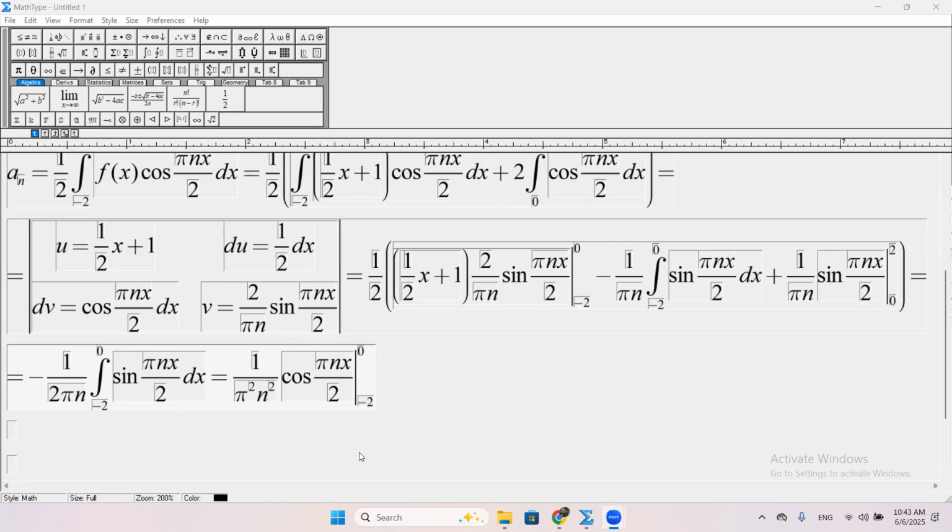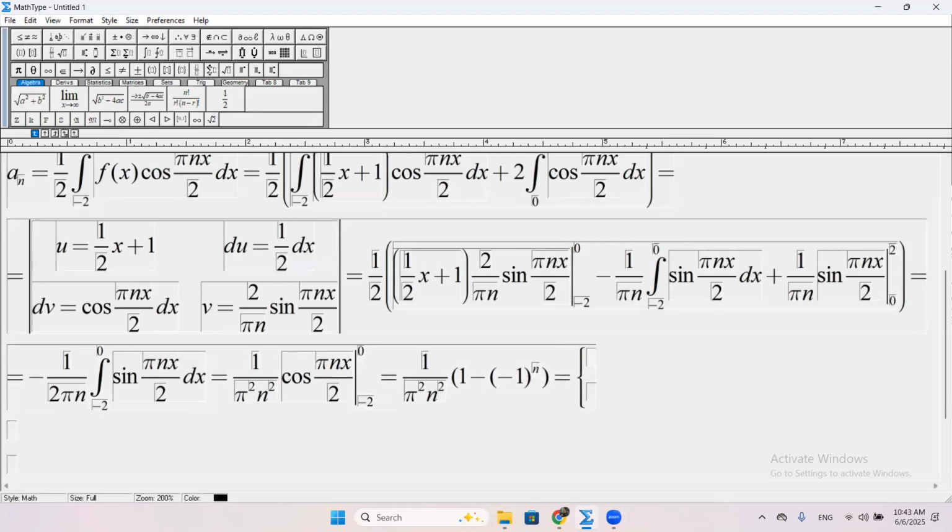Yeah, let's continue. So calculating this integral, it will actually equal 1 minus (minus 1) in power of n. And let's try to simplify it.